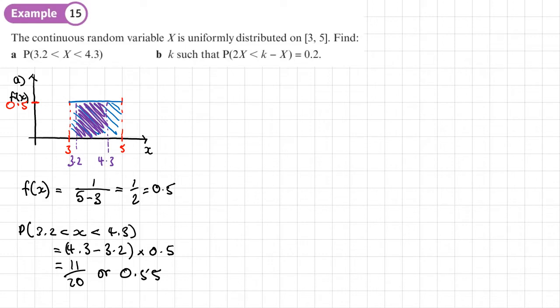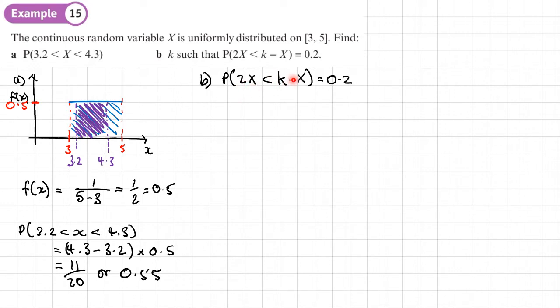Okay, part B, we want to find k such that this inequality here becomes equal to 0.2. Right, so to enable us to answer this question, what we need to do first is to simplify that inequality. That's in the brackets here.